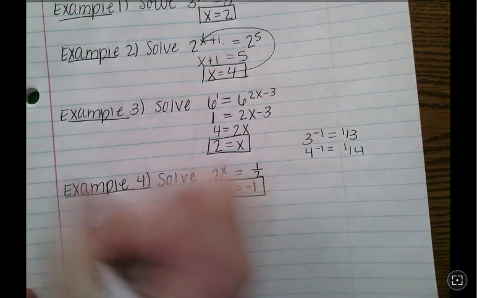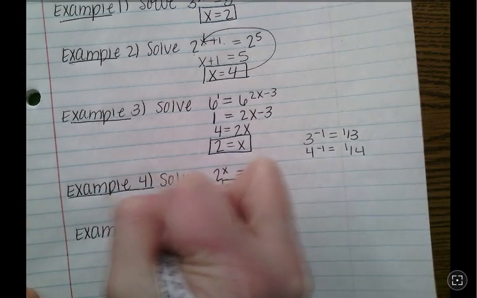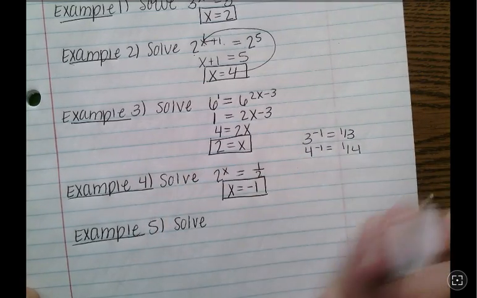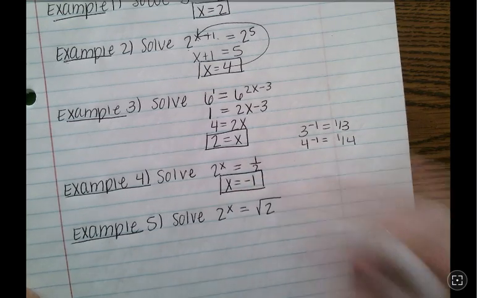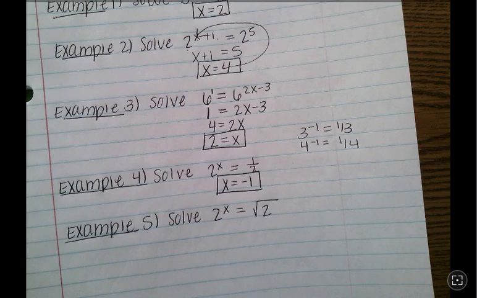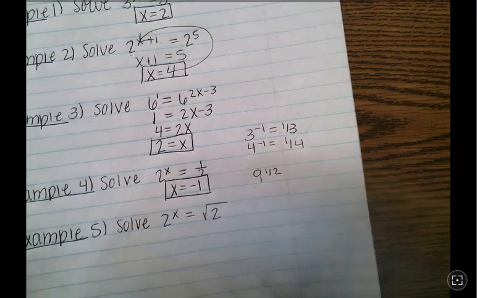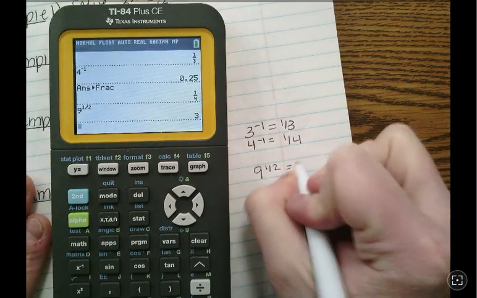In that similar situation, around that same time, we also saw something that looked like this. Okay, so example 5. What if I want you to solve 2 to the power of x is equal to the square root of 2? And there was also about this same time that we talked about rational exponents. Okay, so like if I asked what is 9 to the 1/2, that's 3.